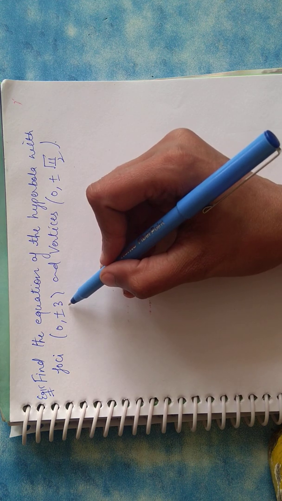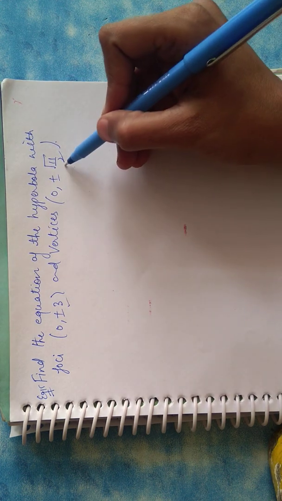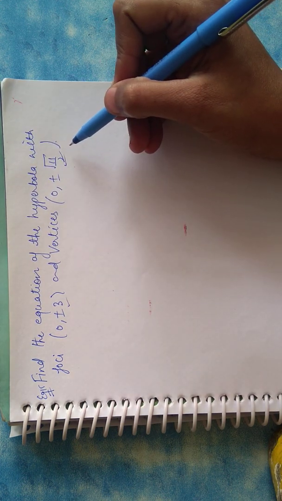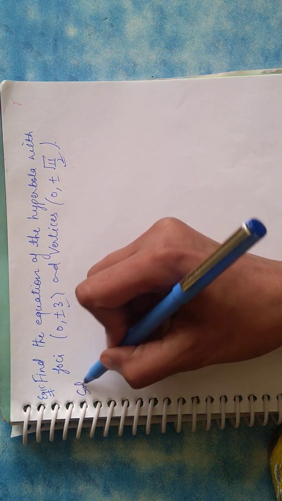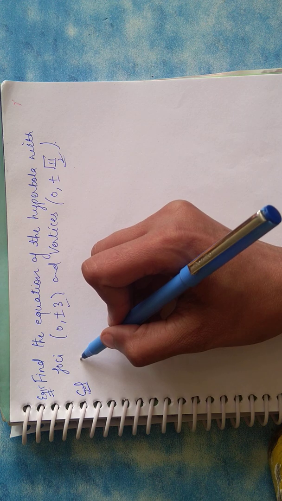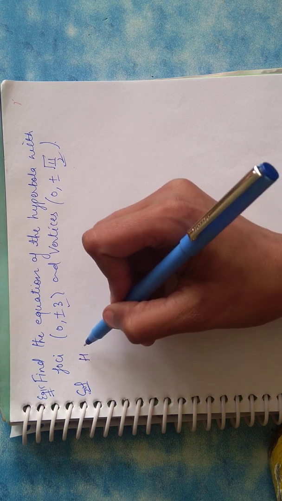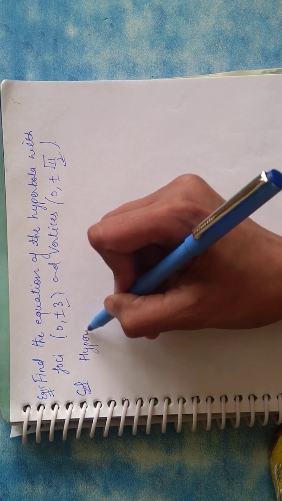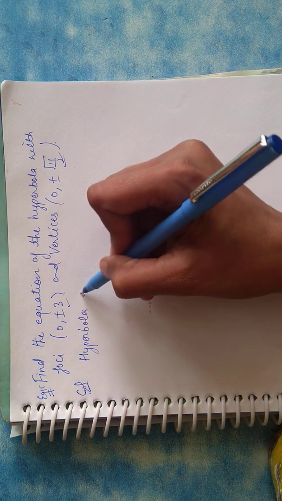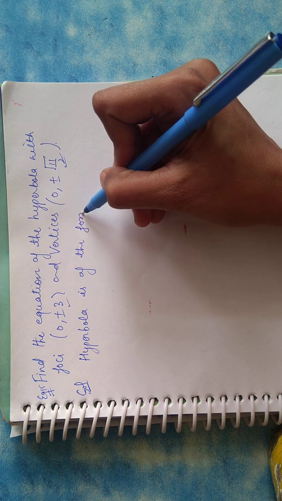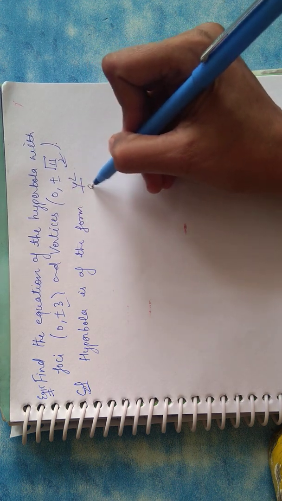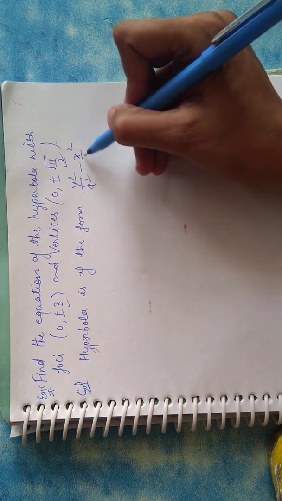As we can see, here y-axis coordinates are given and x is 0, so we will say that the hyperbola is of the form y square upon a square minus x square upon b square is equal to 1.